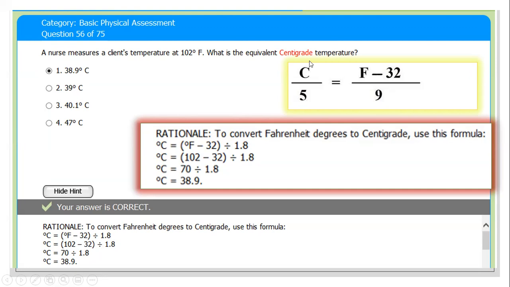So the examiner must give you one, either Celsius or Fahrenheit, and you have to calculate the other one. So it is very important to know how to convert Fahrenheit temperature to centigrade or centigrade to Fahrenheit using this formula.